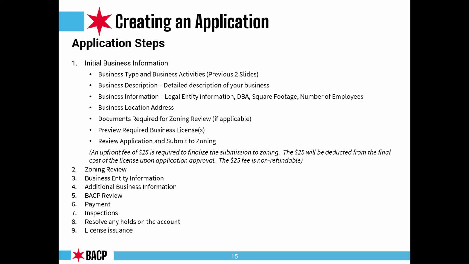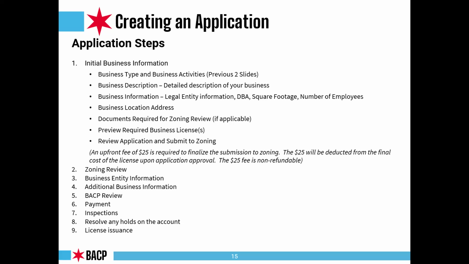This $25 fee will be deducted from the final cost of the license upon application approval. However, if the application is denied, or you end up having to cancel the application because you find out that it's not needed, or you have to apply for something different, or you locked in Chicago and you have to change the location, unfortunately, that $25 fee is non-refundable.